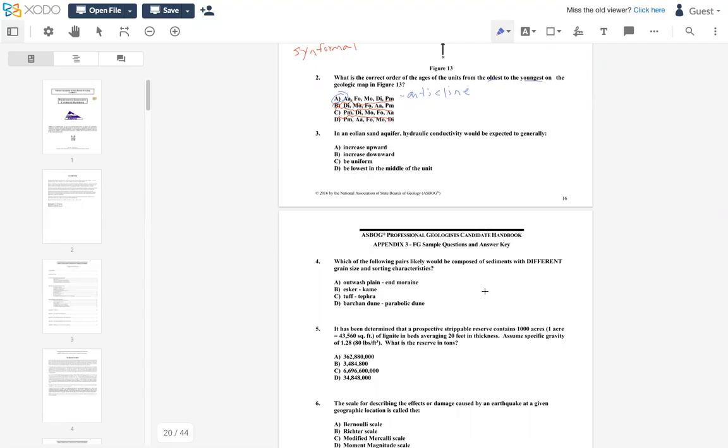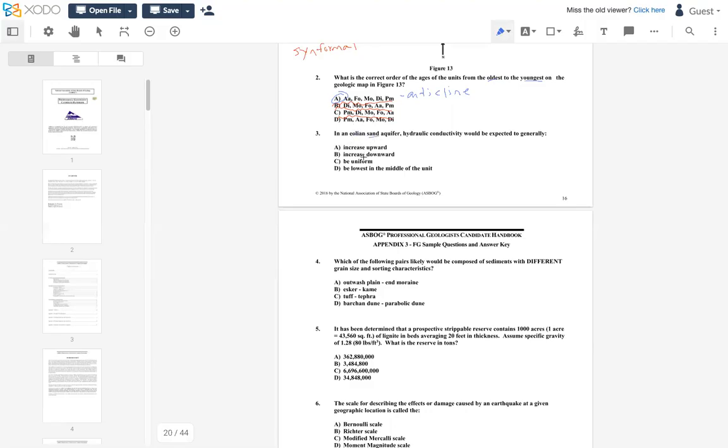In an aeolian sand aquifer, hydraulic conductivity would be expected to generally what? Increase upward, increase downward, be uniform, be the lowest in the middle of the unit. It sounds like they're testing our knowledge of deposition and sorting characteristics and aquifers. So we know we're dealing with wind-blown sand-sized particles.